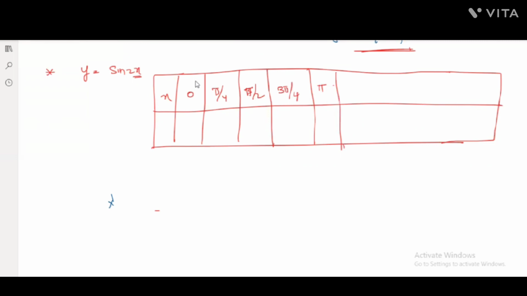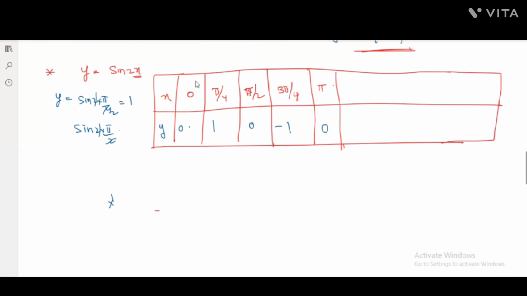When I put 0, the y value is sin 0, which is 0. When I put pi by 4, y is sin of 2 into pi by 4, which is sin pi by 2, which is 1. When I put pi by 2, sin of 2 into pi by 2, the 2 cancels, sin pi is 0. Next you get minus 1, next you get 0.